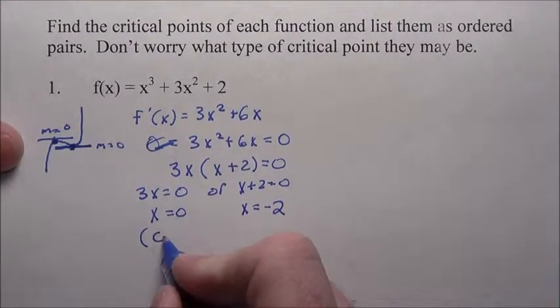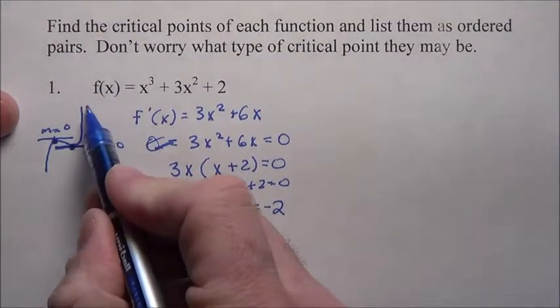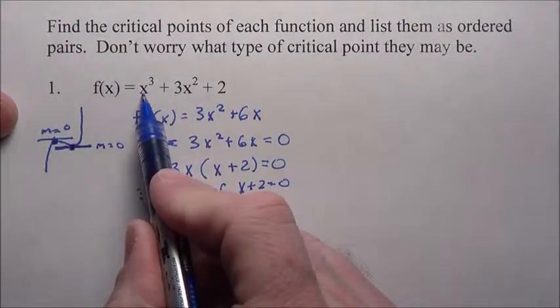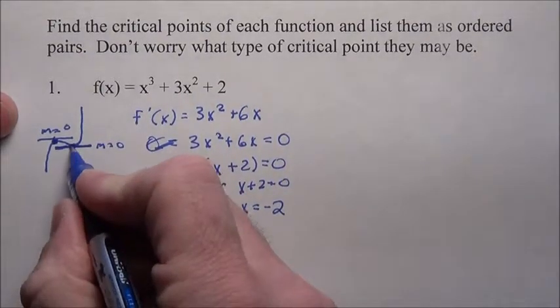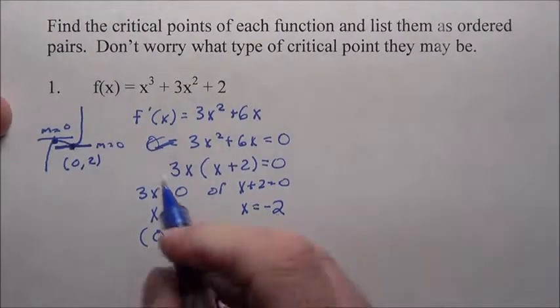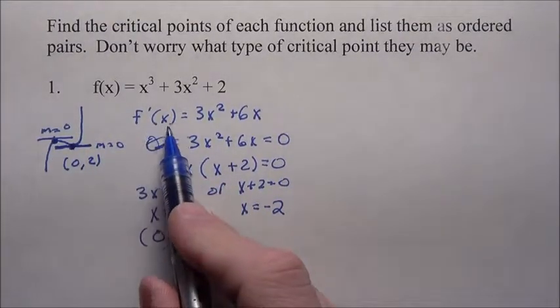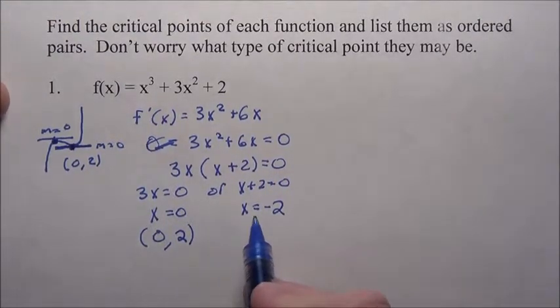If I plug 0 back into the original equation, I can tell where that is. I plug 0 in there, I get 2. That means this point is at (0, 2). For negative 2, and again, you don't have to worry about the graph, we just take the derivative, set it equal to 0, and it tells us our two x values.